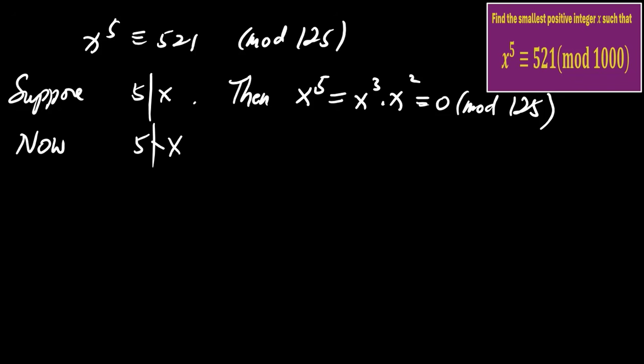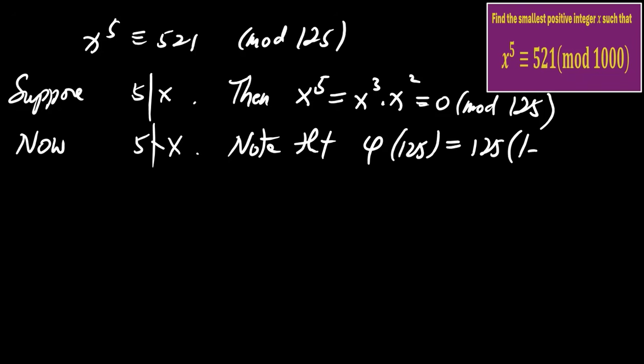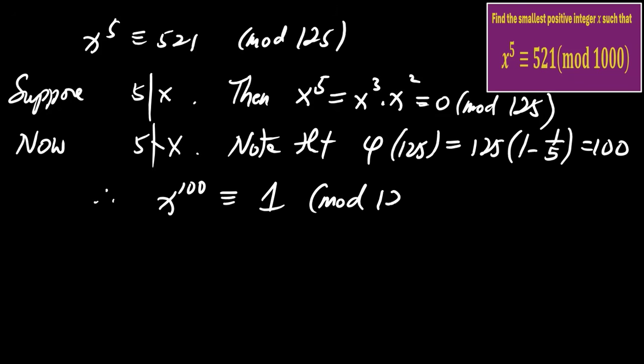Now, suppose 5 does not divide x. Note that phi of 125 is 125 times 1 minus 1 over 5, that is 100. And therefore, x to the power 100 is congruent to 1 mod 125.